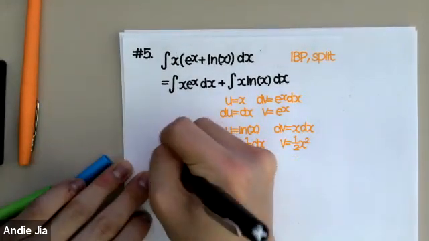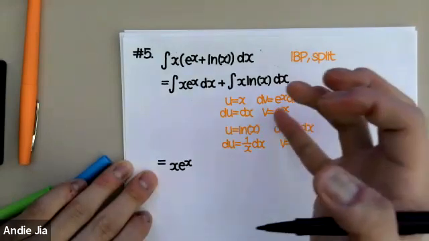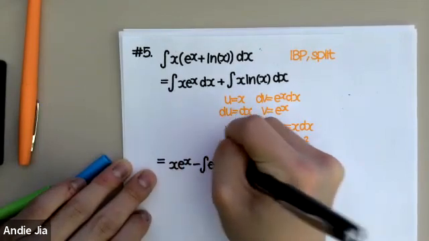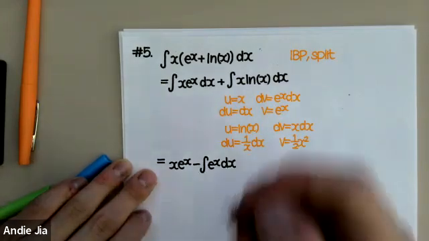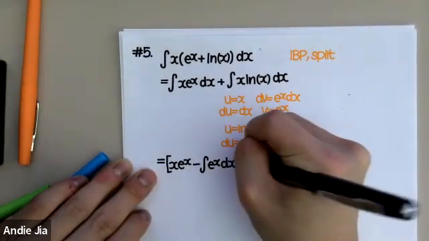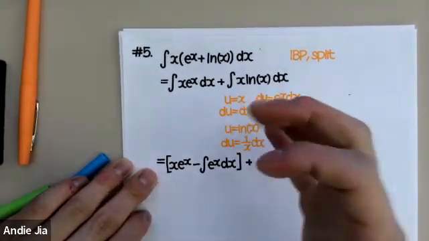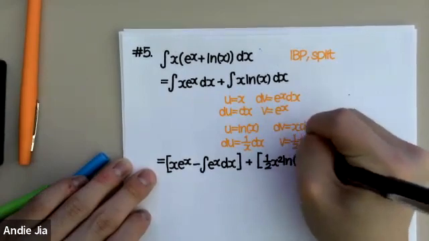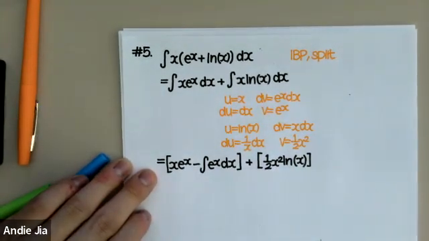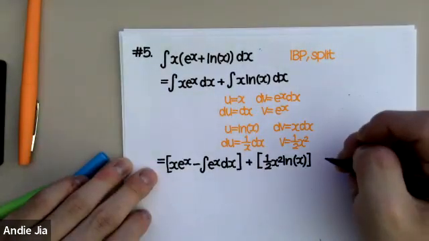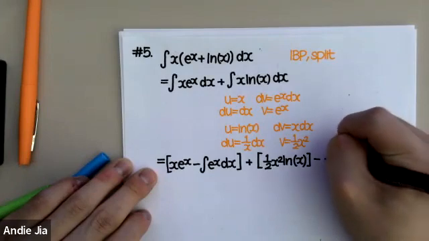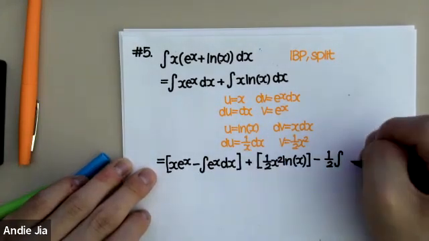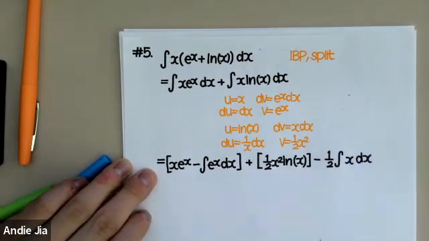It's going to be UV, so x e to the x, then minus the integral of V dU, plus this UV minus the integral of V dU, so it's going to be x dx.